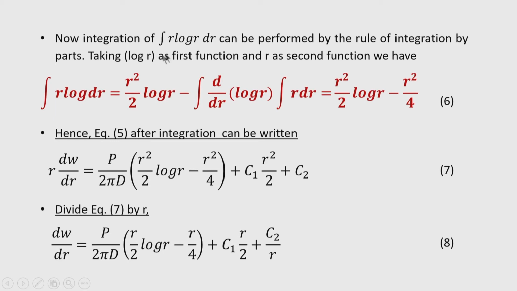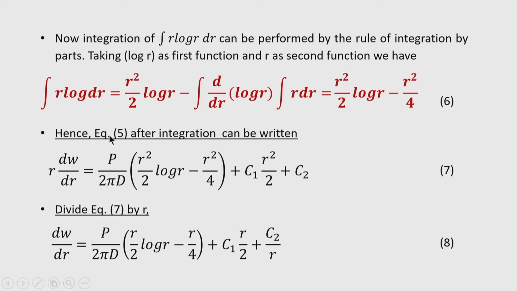Now, you have to note here very clearly that when I integrate this r log r, log r has to be taken as the first function and r has to be taken as the second function. So, after integrating, the integral of r log r dr is equal to r square by 2 log r minus r square by 4.